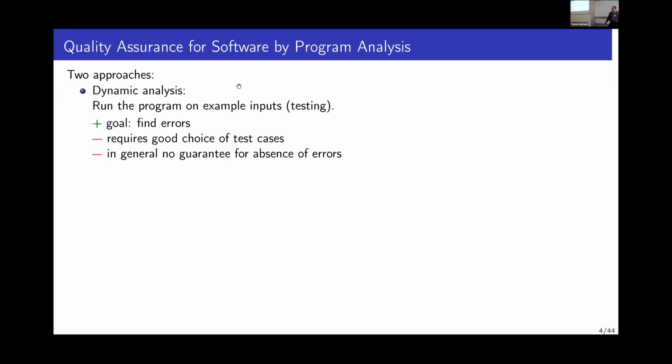The first approach is one that I also teach my students in the programming module, namely dynamic analysis, which is the fancy term for testing. Run the program on example inputs. The goal is, first and foremost, to find errors. The downside is you need to choose the test cases as well. And in general, you don't get a guarantee for absence of errors.